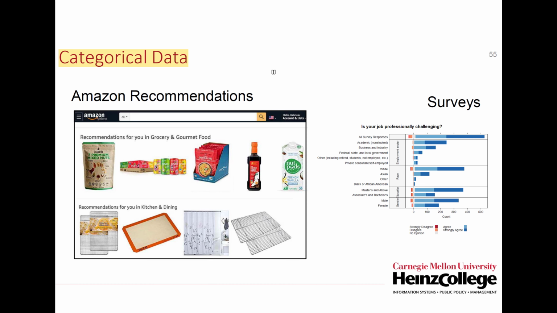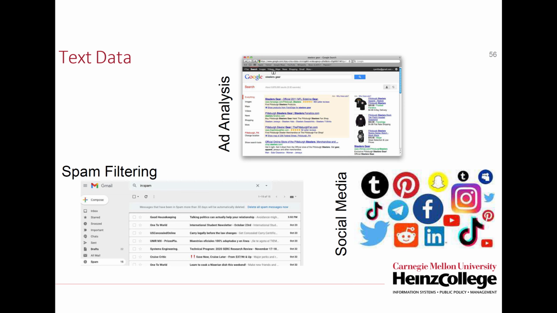We can't talk about the average breed of a dog or the standard deviation of the breed of the dog. In those kinds of cases, we can do things like creating histograms, like how popular are various different breeds of dogs, things of that kind. So we've got numerical data, categorical data.